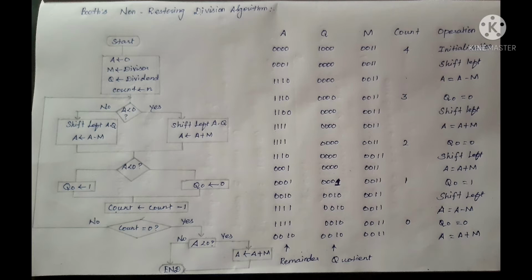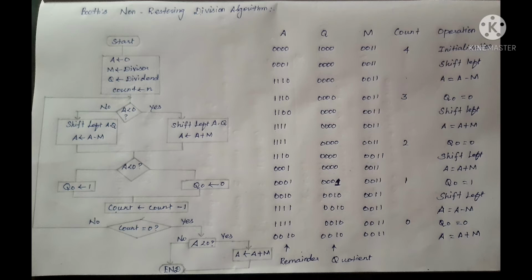A equal to A plus M. So 1100 plus 0011 will give you 1111. So A is 1111, Q is 0000, M is 0011. A is equal to A plus M.